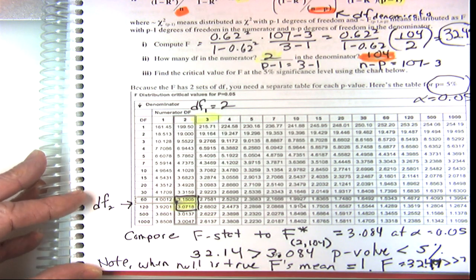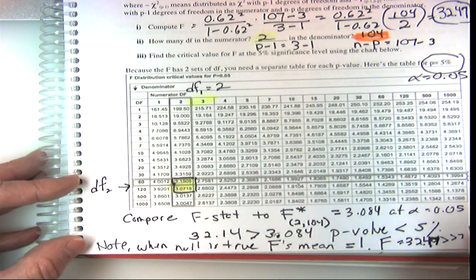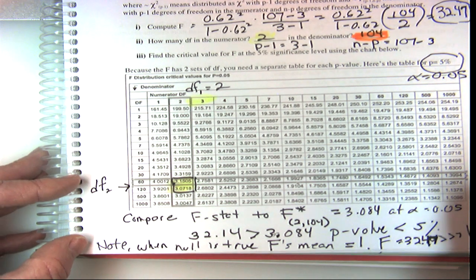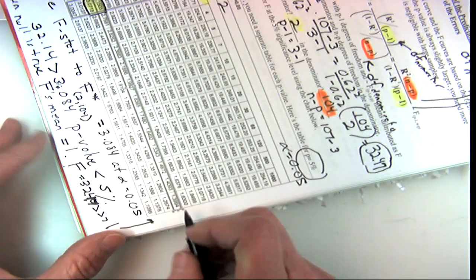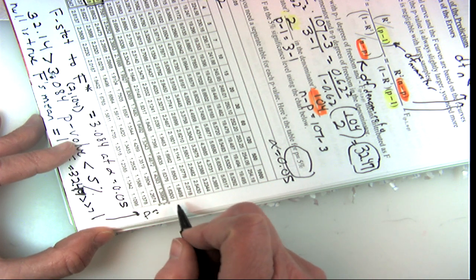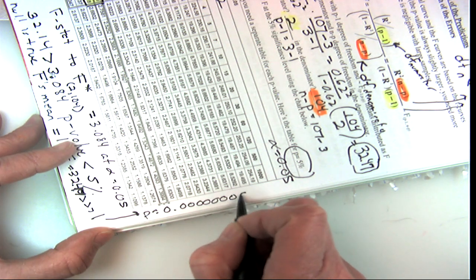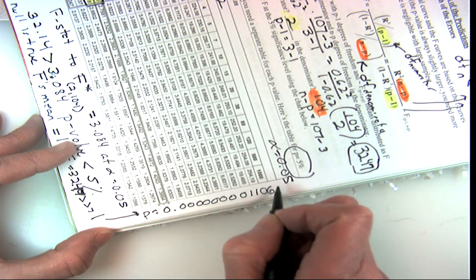And where can I say the real p-value? So P was equal to what? 8 zeros, so 0.1, 2, 3, 4, 5, 6, 7, 8, and then it was 1106%.